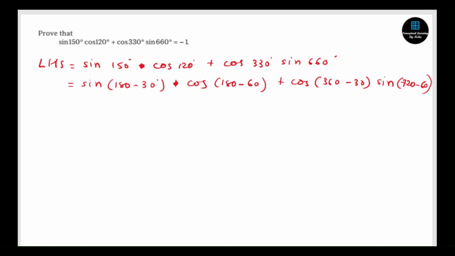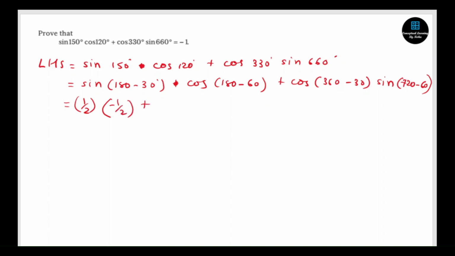And now we have to simplify this. So this is in second quadrant. Second quadrant sin is positive. So sin 30, 1 over 2. Cos in second quadrant is negative, so minus 1 over 2.